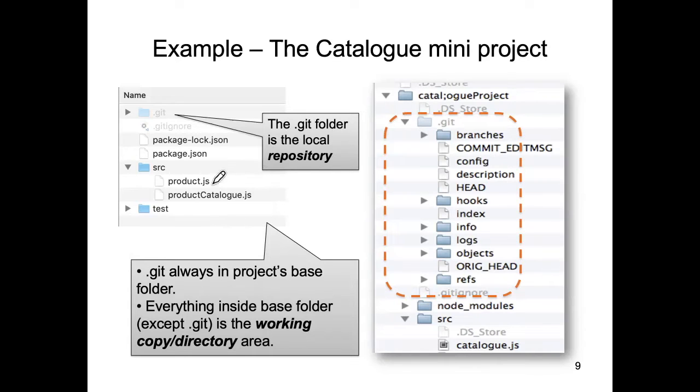I have my usual files and folders, but up here there is a subfolder called .git, and that is the repository linked to this project. The reason it's slightly faint is because its name begins with a dot. In file system management, we talk about it being a hidden file, but it's just an ordinary folder.